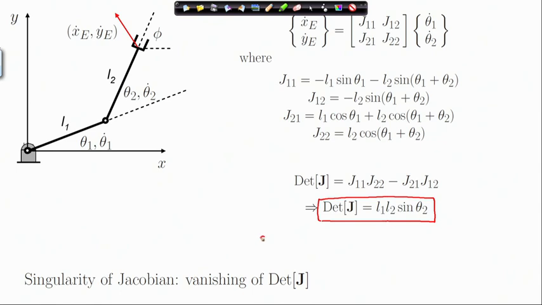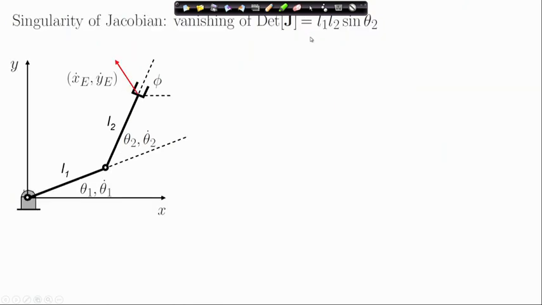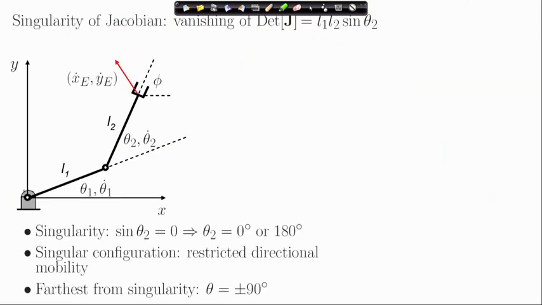When sin theta 2 is 0, because L1 and L2 cannot be 0. So, that implies theta 2 is either 0 degree or 180 degree. So, singularity is when you have sin theta 2 equal to 0.